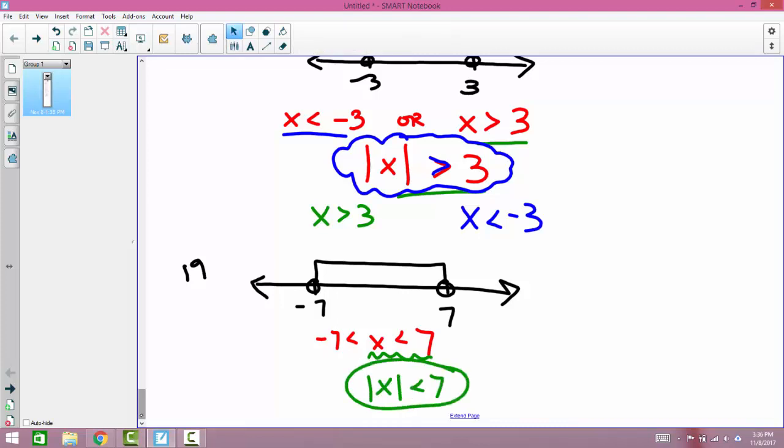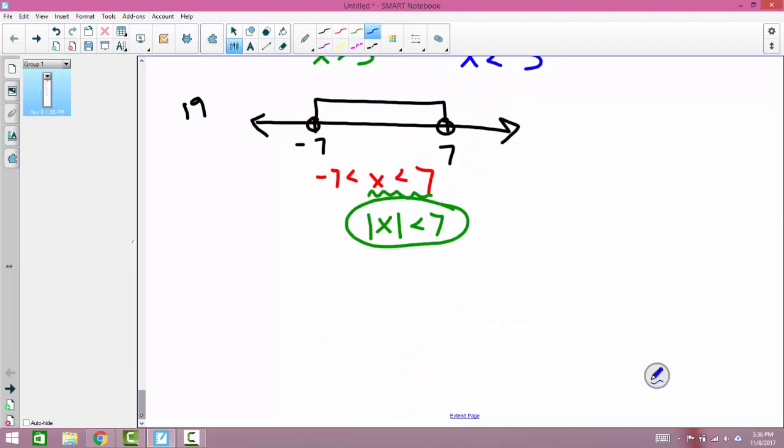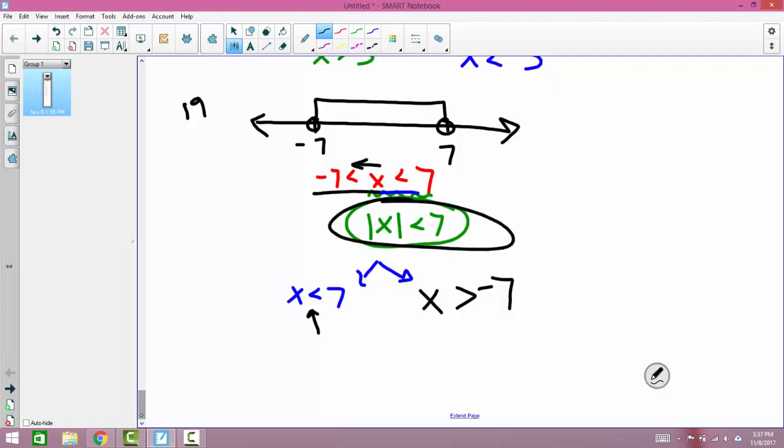If you want to test and make sure you did it right, you can keep going and say, okay, if that was the initial problem, you would have x is greater than negative 7, and then x is less than 7, which you have because you're reading it this way. So that is your answer.